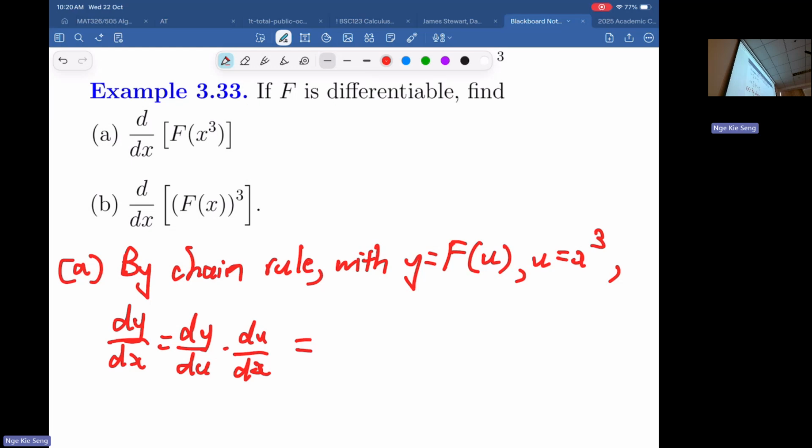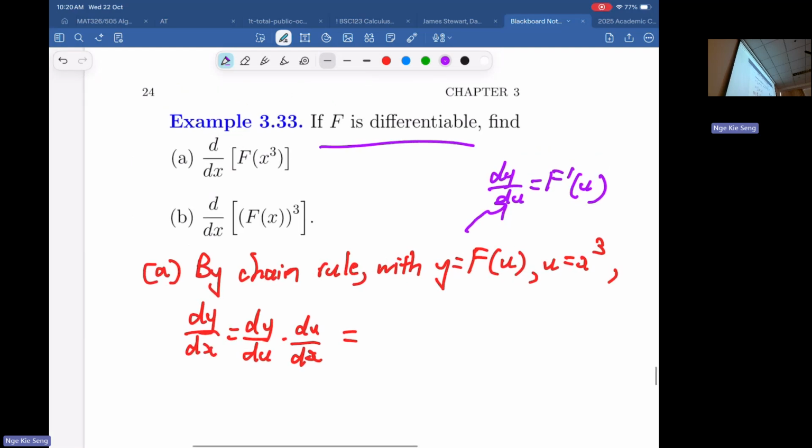But what's your dy/du here? If you look at this, dy/du is just the derivative of f. You can do the derivative of f because f is differentiable, so the derivative exists. If you ask me what's the actual form of this derivative, I don't know because you didn't give me the f. But I can just leave it as f prime of u.